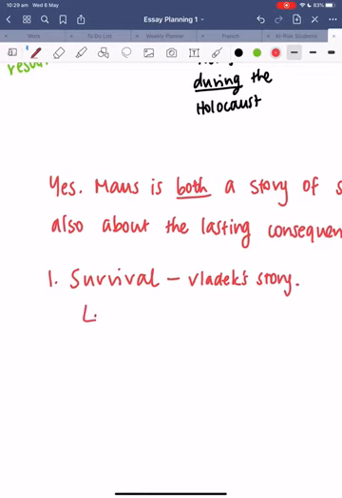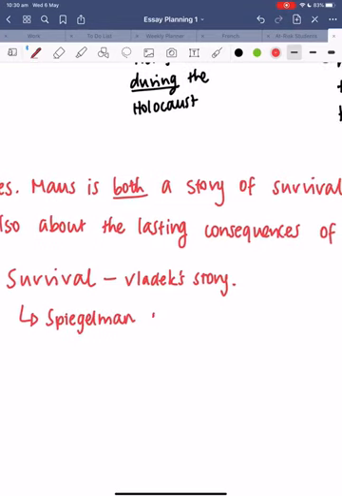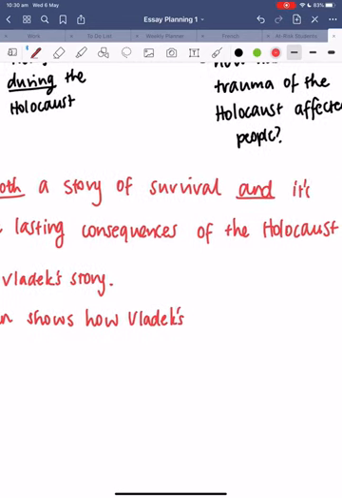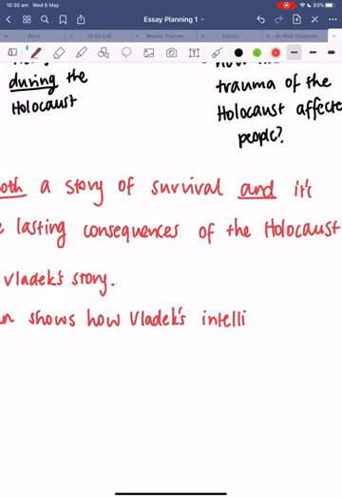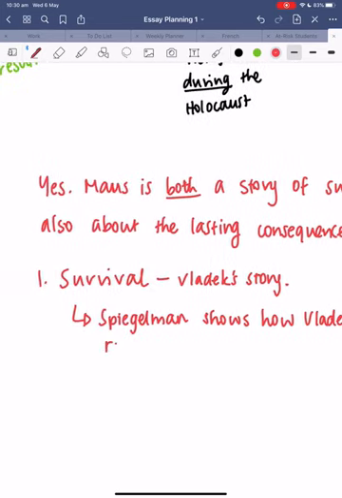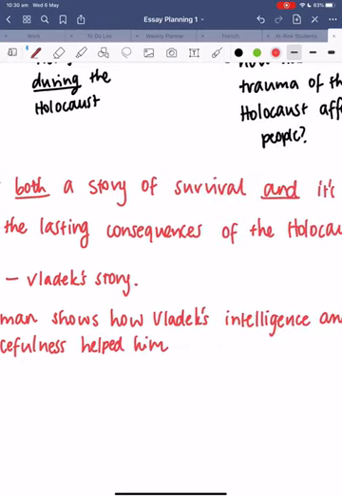Okay, and then I'm going to expand on that a little bit. So Spiegelman shows how Vladek's intelligence and resourcefulness helped him to survive.